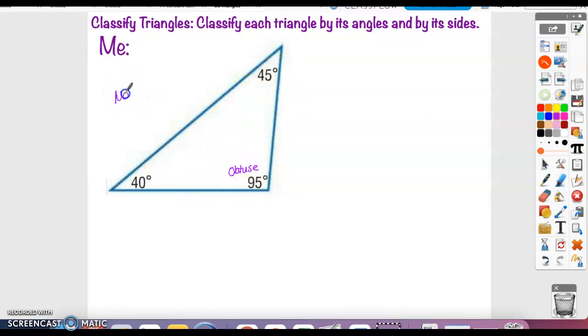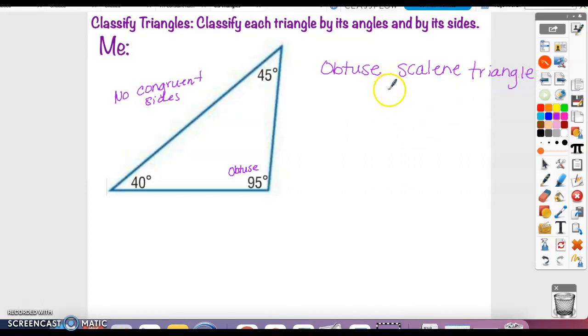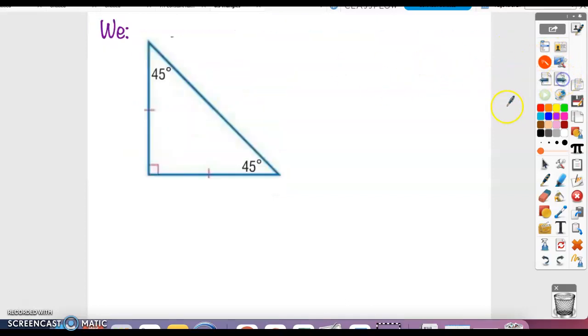So first of all, the angle, so it's obtuse, and since there are no congruent sides, that is called a scalene triangle. So it's an obtuse scalene triangle. Greater than 90, no congruent sides, obtuse scalene.